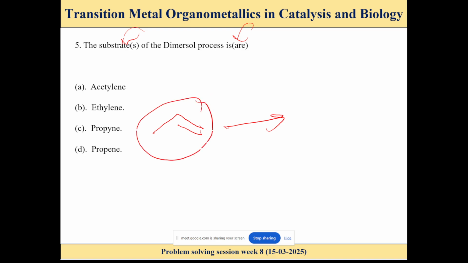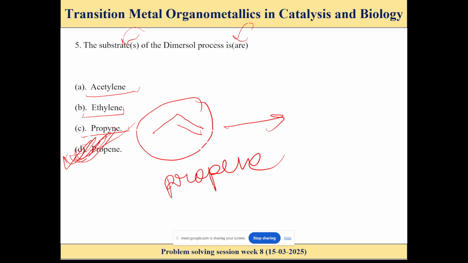So this is the substrate that is called propene. Propene. So not propyne, not ethylene, not acetylene. So here the substrate will be propene. So option D will be the right answer for this question.